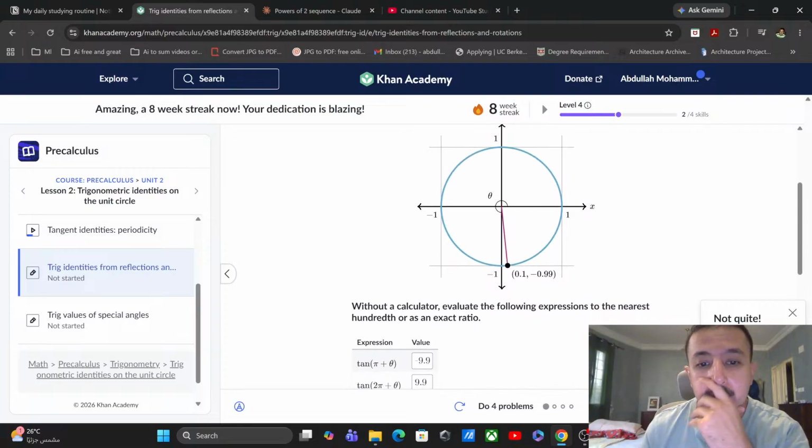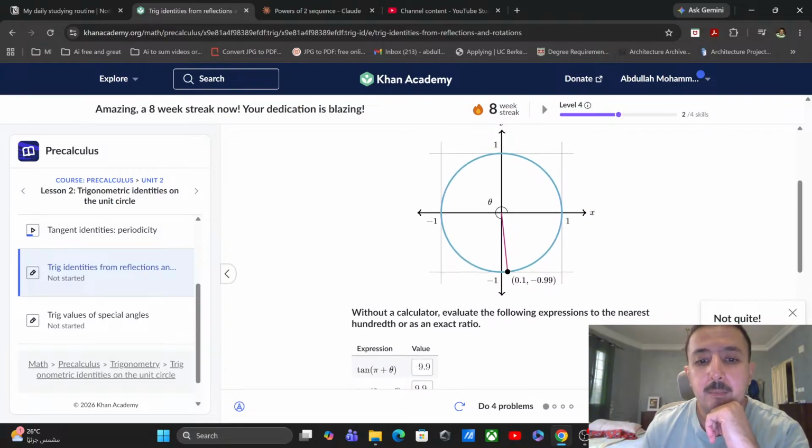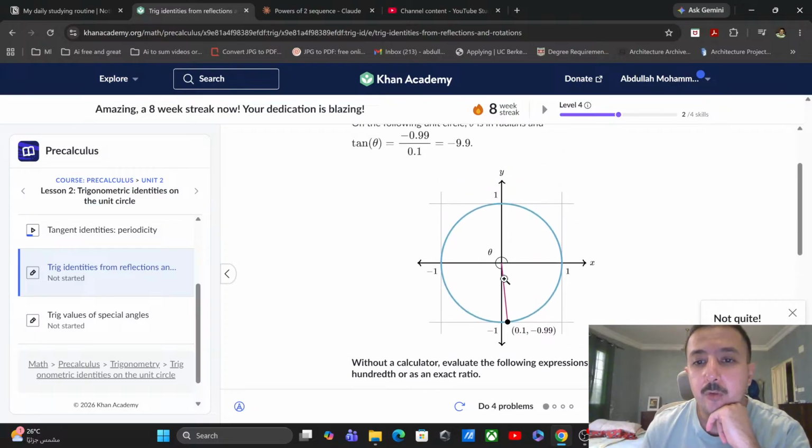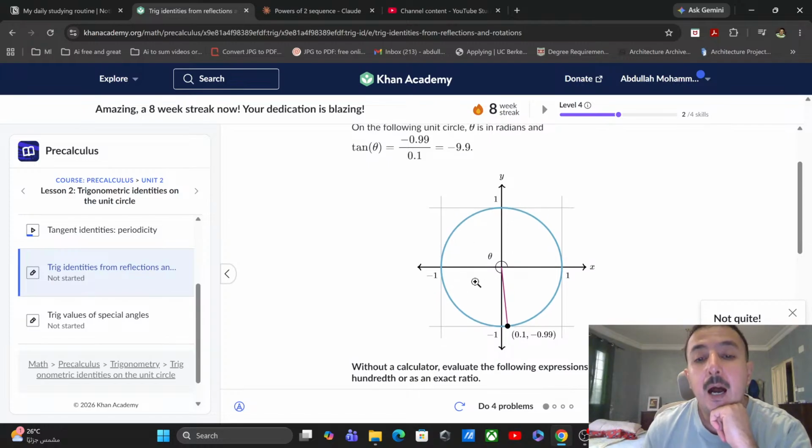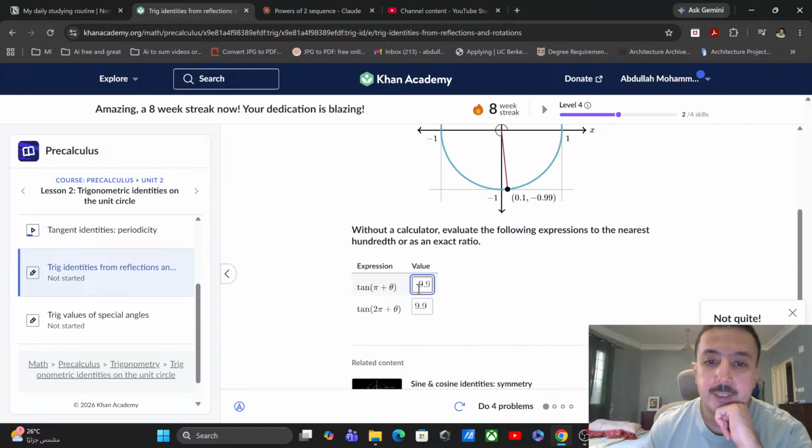Expression tan of pi plus theta. This is pi over 2, and this is pi. Pi plus theta is going to be here. So it's going to be minus 0.1 and minus 0.99, which is minus and minus. Minus over minus is plus. So this is plus.